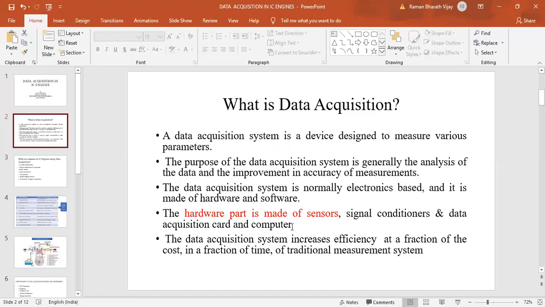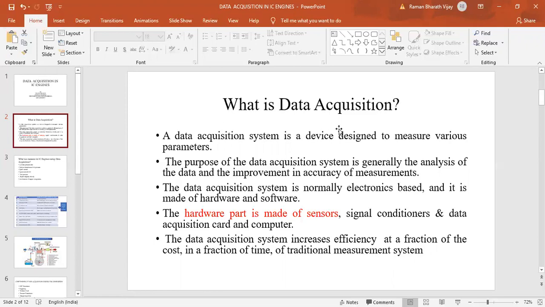Now we have seen what is data acquisition, why it is used, and what the major parts are: hardware and software, and inside the hardware, namely sensor, signal conditioning, data acquisition card, and computer.